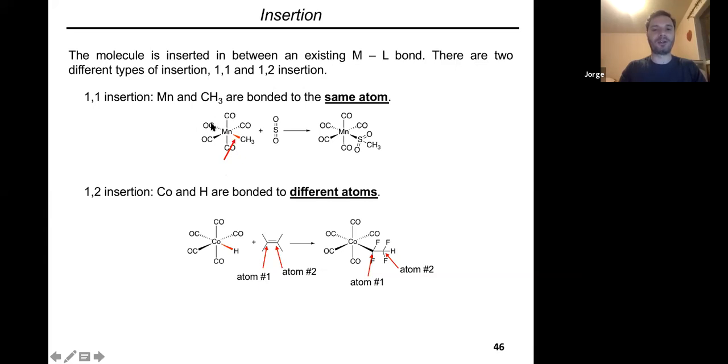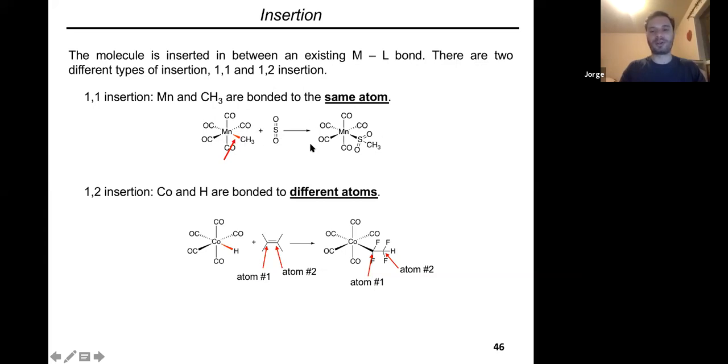We have 1, 2, 3, 4, 5 carbonyl ligands and 1 methyl ligand. We are going to react this complex with sulfur dioxide. And if it's an insertion reaction, this compound is going to be inserted in between manganese and methyl.